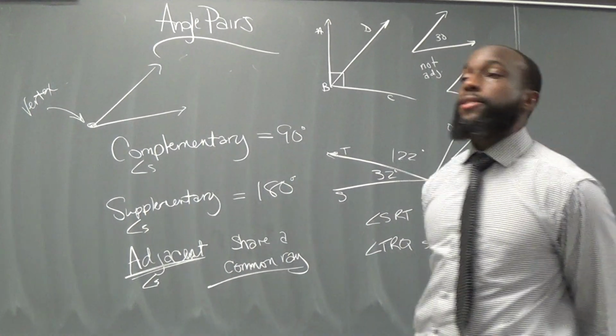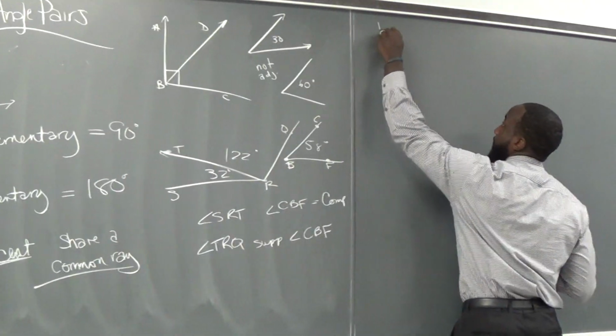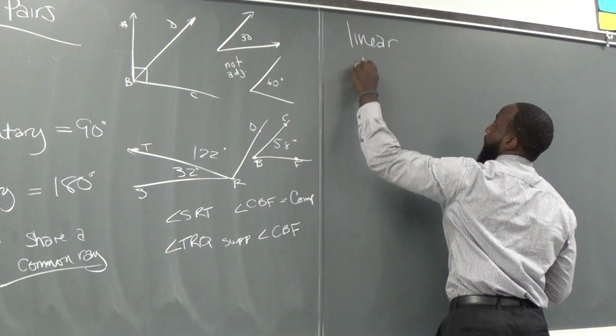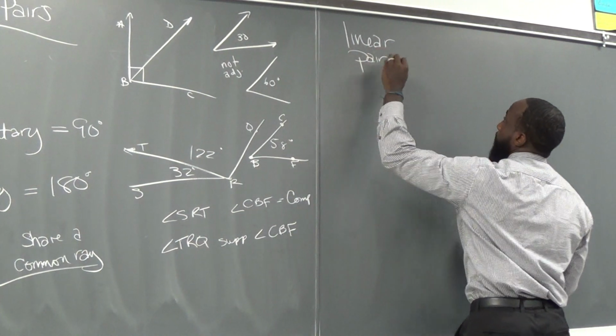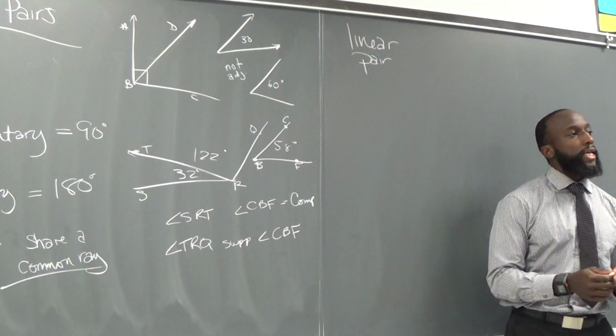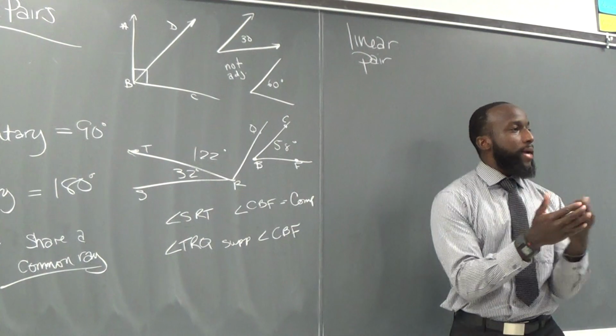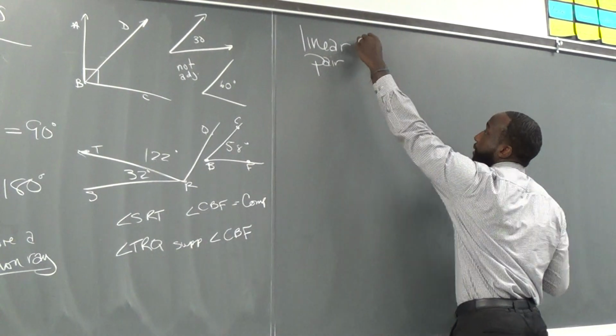Now let's look at some more angle pairs. We have something called a linear pair. In the word linear pair, what do you hear in the word linear? Line, exactly. So a linear pair is a pair of angles that make a line. That's all this is.